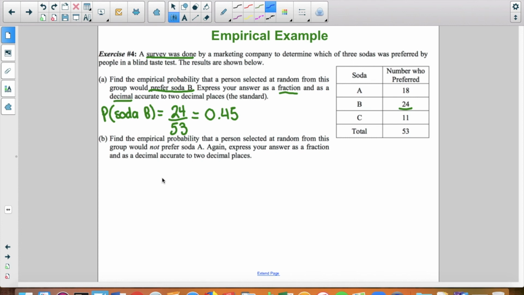Now it says, find the empirical probability that a person selected at random from this group would not prefer soda A. And then it says, again, express as a fraction and as a decimal. Now, if they would not prefer soda A, that means they prefer soda B or soda C. Okay?